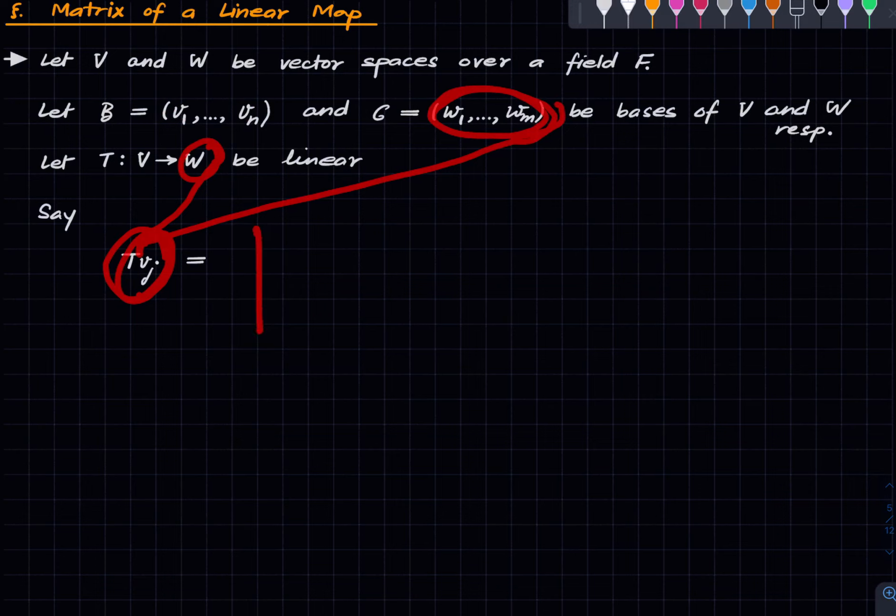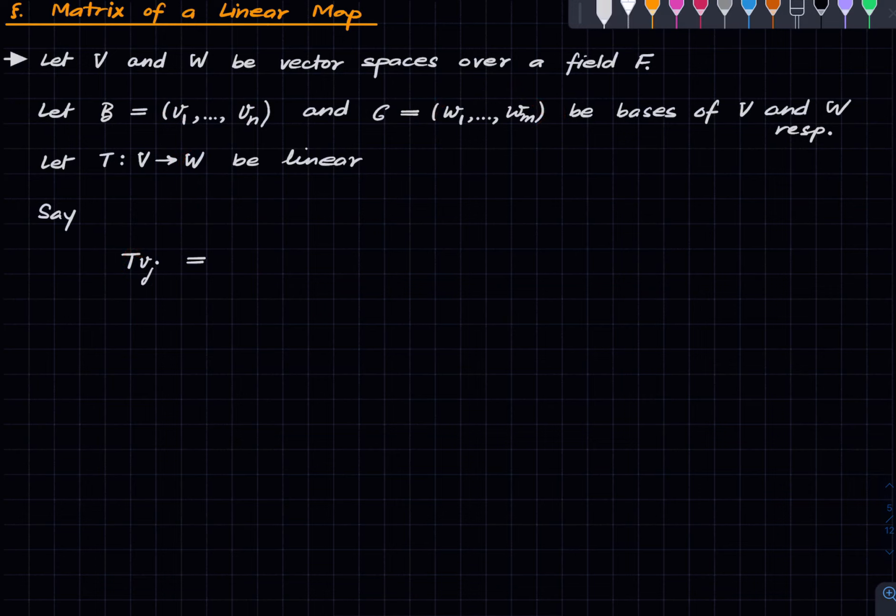And let me write that vertically. So let's say that combination is alpha 1j W1 plus dot dot dot plus alpha mj Wm. So all we are saying is that this can be written as a linear combination of W1 up to Wm.